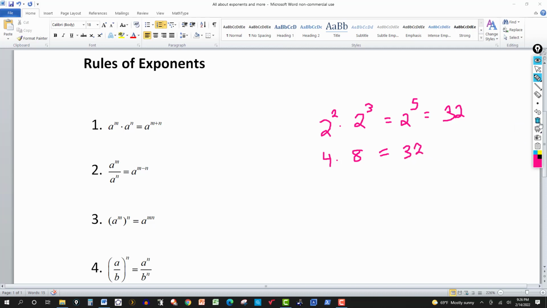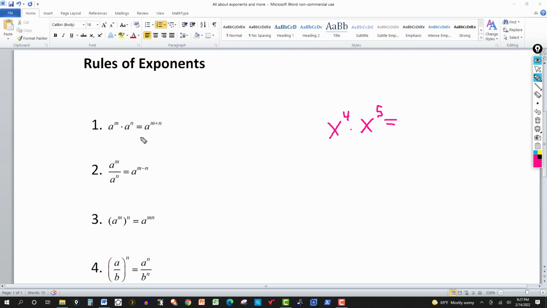Okay, let's clear this. But if the base is a variable, then if I have x to the 4th power times, say, x to the 5th power, so we're multiplying powers of the same base.